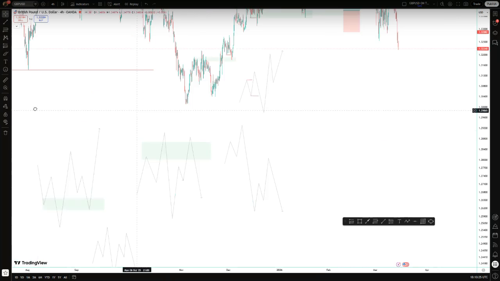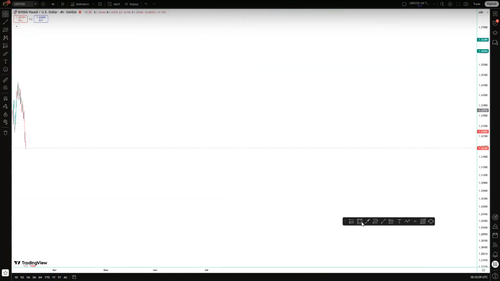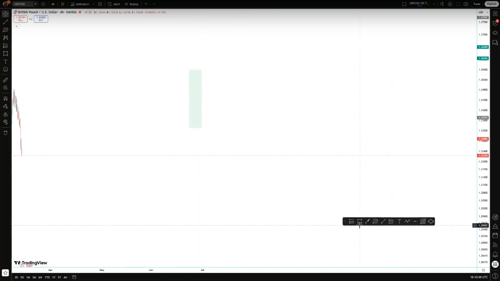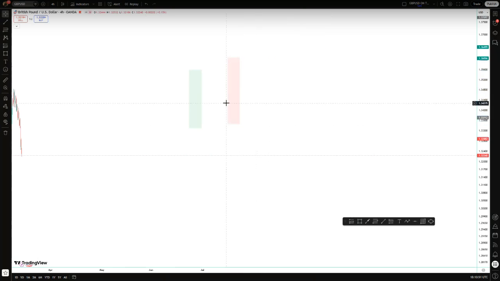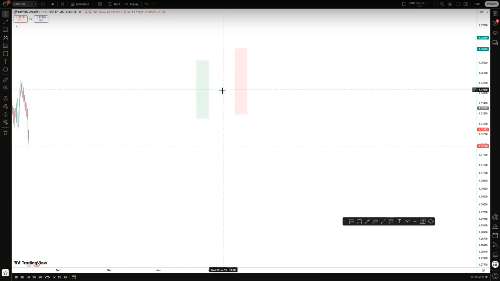Okay. So here is a candle. These are candles, and we also have this as a candle. I'm trying to draw two things out because we have the green and the red.